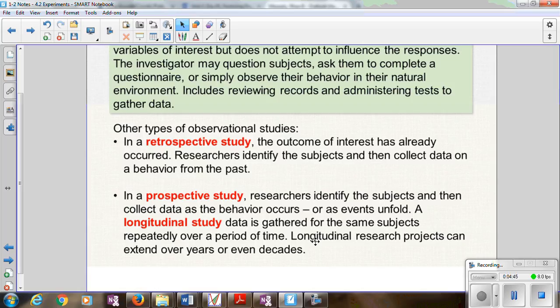And so these children who began the Head Start program were followed over the years to see how successful they were in elementary school, in middle school, and so forth, to see if being a part of Head Start actually did help them in the long run prepare for schooling. So that would be an example of a longitudinal study. Both examples that I've shared are observational studies, and so it's very difficult, like I said, to conclude causation.